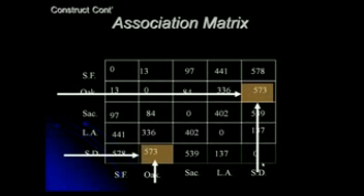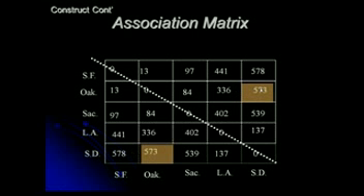So when constructing the association matrix, if you simply divide that matrix in half, you can create a clear delineation. San Francisco to Oakland is 13 miles, Oakland to San Francisco is still 13 miles, etc. As you go down, you'll see that the numbers are identical.